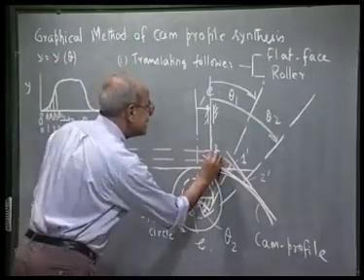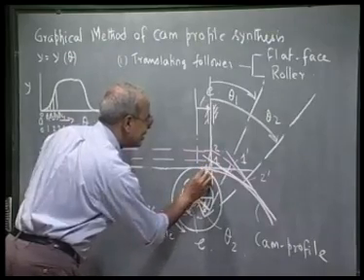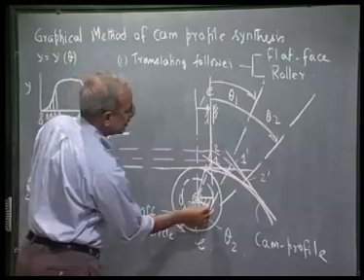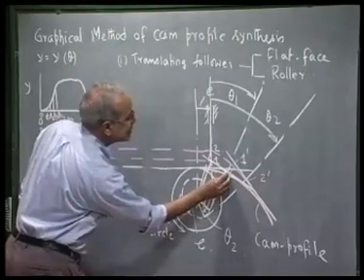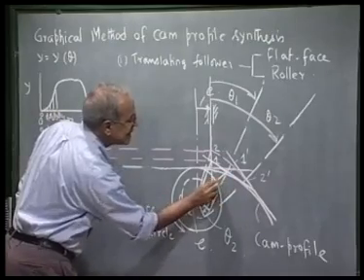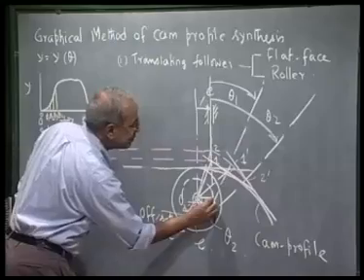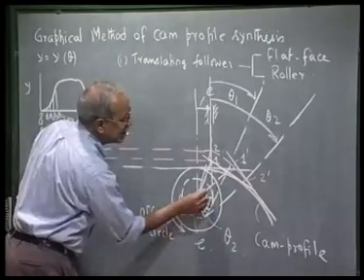Then this distance, if I consider station point 1, this distance is the same as this distance. So this particular right angle triangle is the same as this right angle triangle.